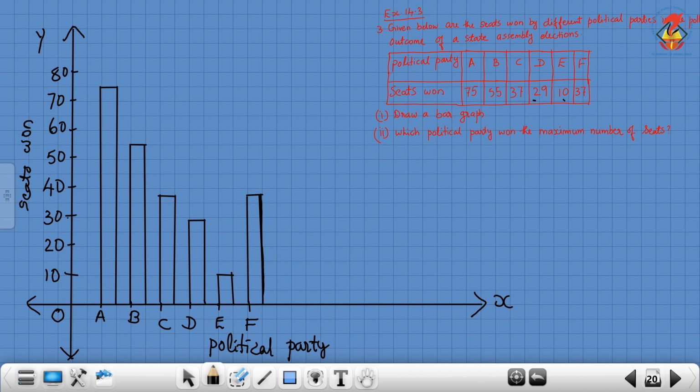We need to write the scale. You can shade the bars. Next you write the scale on the y-axis: 1 unit equal to, sorry, mistake, 1 unit equal to 10 seats.